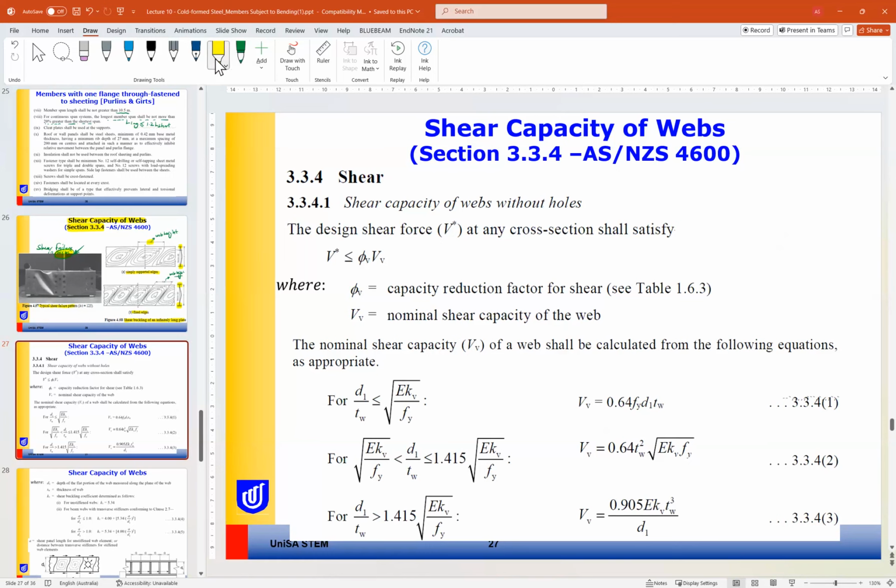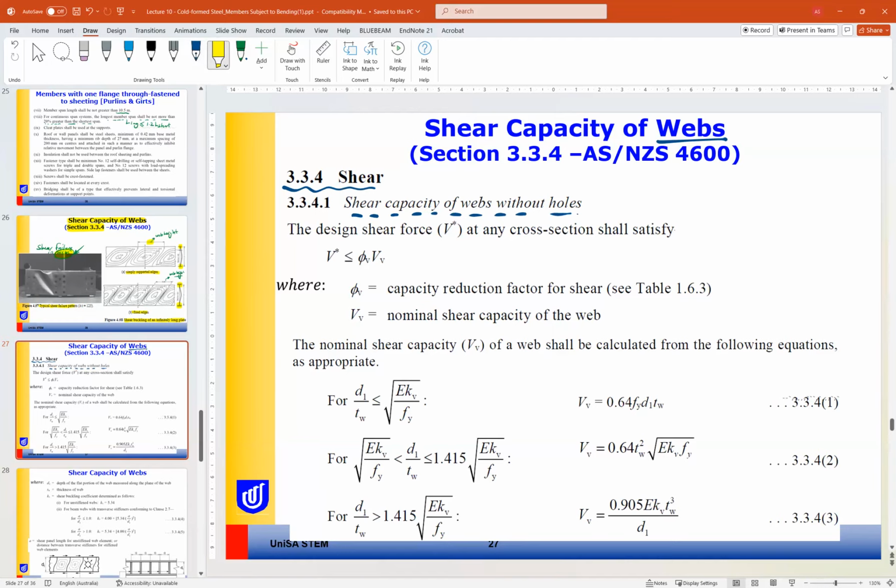So in section 3.3.4, the shear capacity of the web. Shear capacity of webs without holes is our focus. We are not considering holes in our beams.